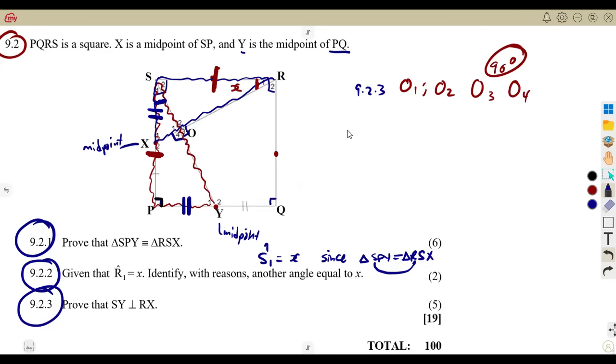All right. We know this is a square, and containing our angles here, the whole of this angle S is 90 degrees.